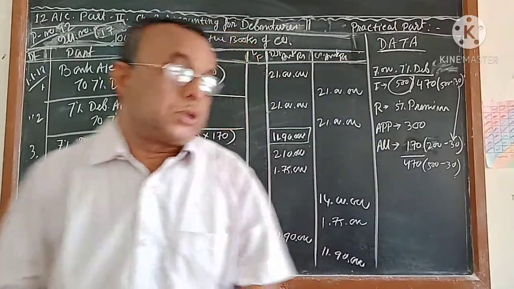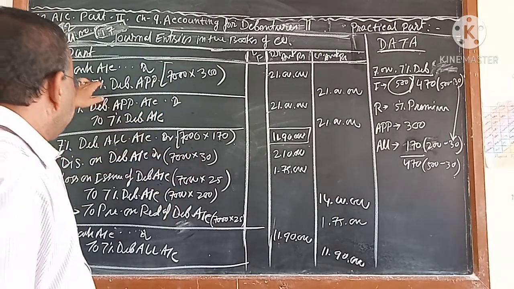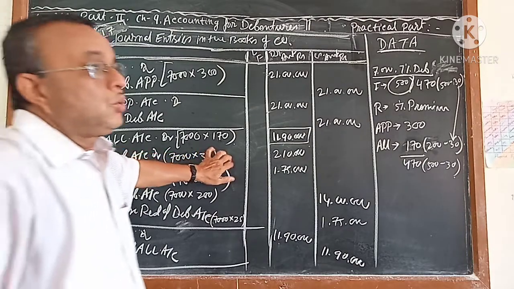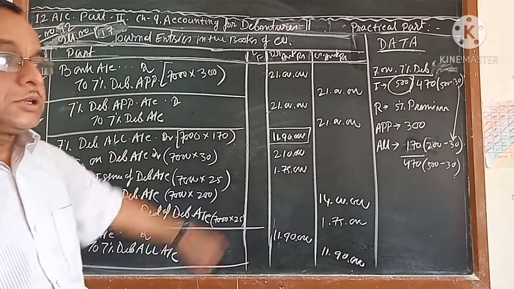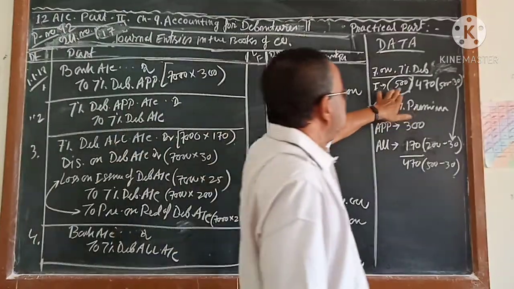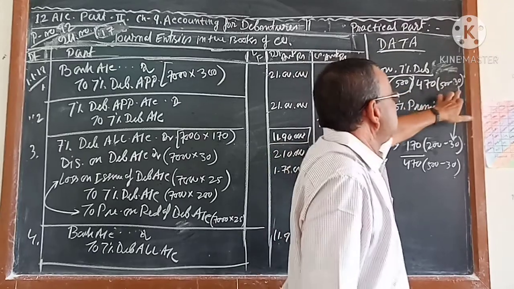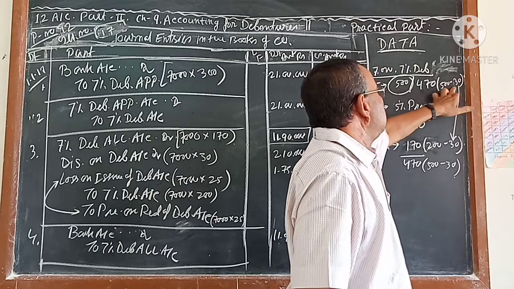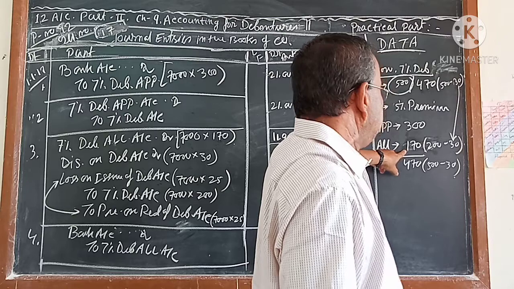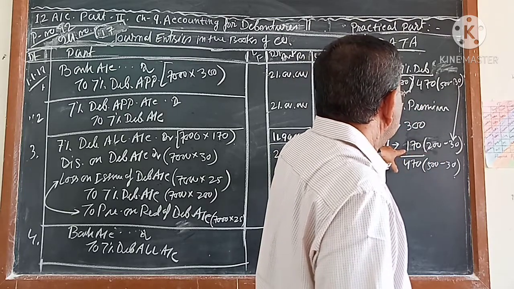17 illustrations is a small illustration, but it has the 4th journal. But this journal will give you pain, so you have to understand what this is. One second, I will tell you that the total price of the debenture was 500. But you are going to collect from them 470, because 30 rupees you are going to give as discount. This 470 you are collecting with application 300 and allotment 170, because the discount you give is adjusted with the allotment.